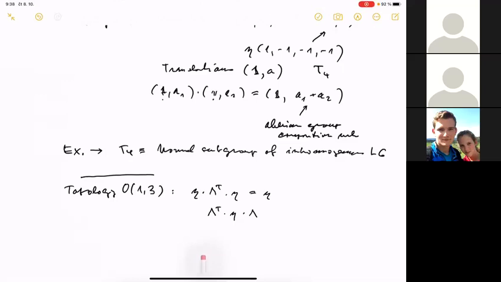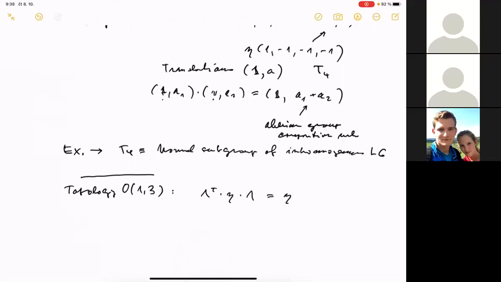Excuse me, but eta times lambda transpose times eta should be lambda to the -1. Sorry, it's of course nonsense. Our definition was the following: lambda transpose times eta times lambda is eta.